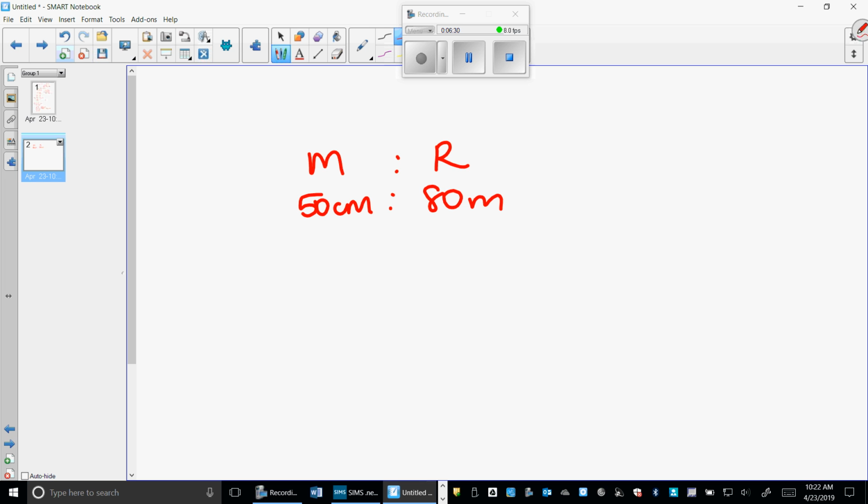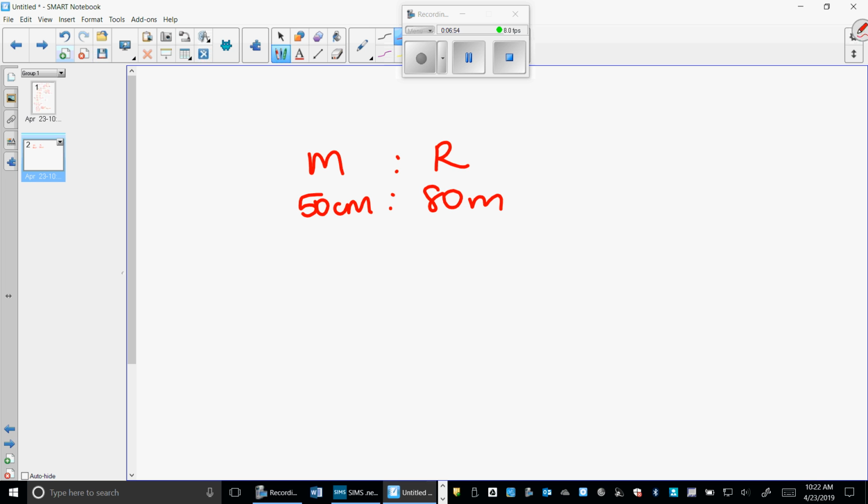Now, I have put my units in here. My units are important. With ratios, you must have the same unit, or you must make them the same unit if you're comparing them. At the moment I've got centimeters and meters. I would suggest it's usually easier to make the meter one into centimeters, but it's up to you.